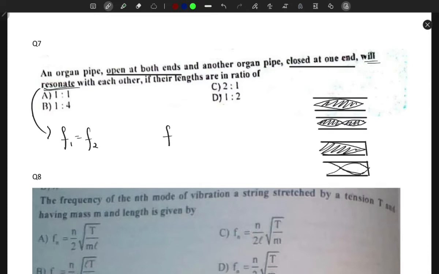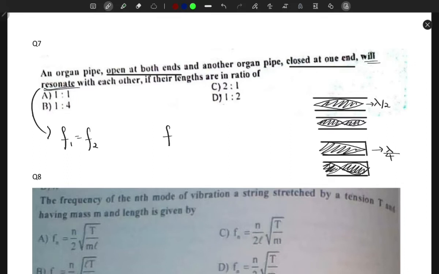So this is really touching the point. Now in this case we have lambda, the wavelength, the length is really lambda by 4, while in this case it is really lambda by 2 for this one.